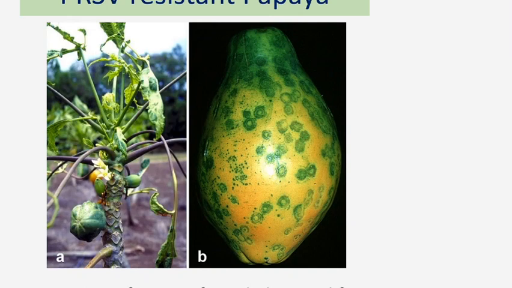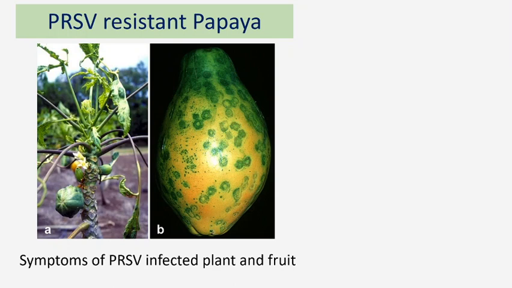So when this virus attacks, it kills the plants and it reduces the yield of papaya to a very large extent. So scientists have developed a variety of papaya by genetic engineering, which is resistant to the attack of PRSV.